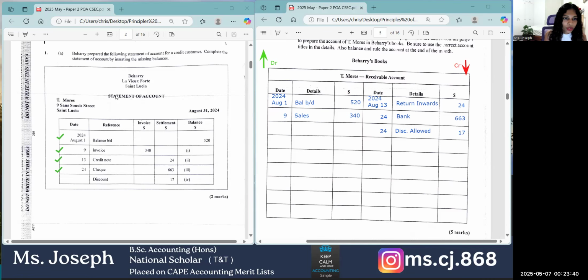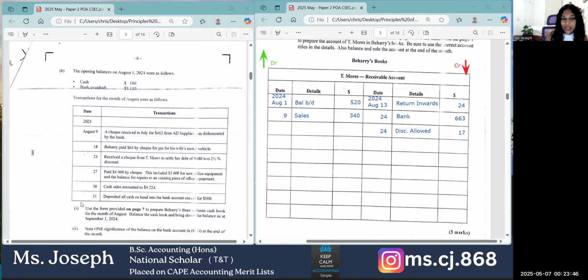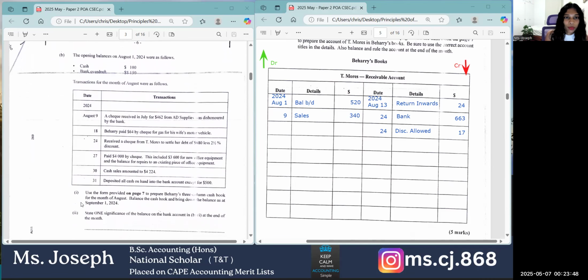Okay, so that's all the transactions from the statement of account. And let's just go down to the cash book and make sure we didn't forget anything as they referenced the cash book as well. If you notice, we have this on the 24th, where we said received a check from T. Morse to settle her debt of $680 less the 2.5% discount.